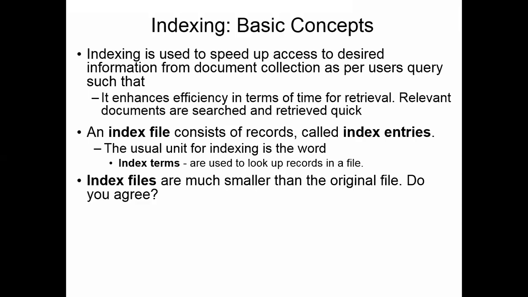So indexing is critical for optimizing the efficiency of the IR system. So accordingly, what kind of index file to use? We have to think, because the index file contains index terms, one index term per row. So index terms are the records of the index file.